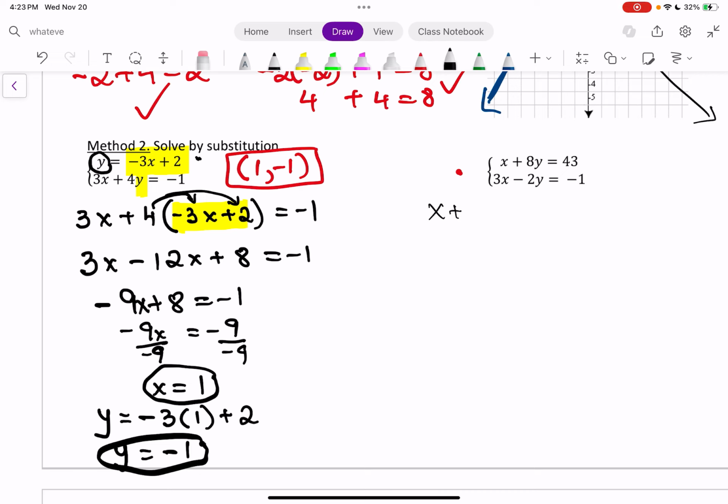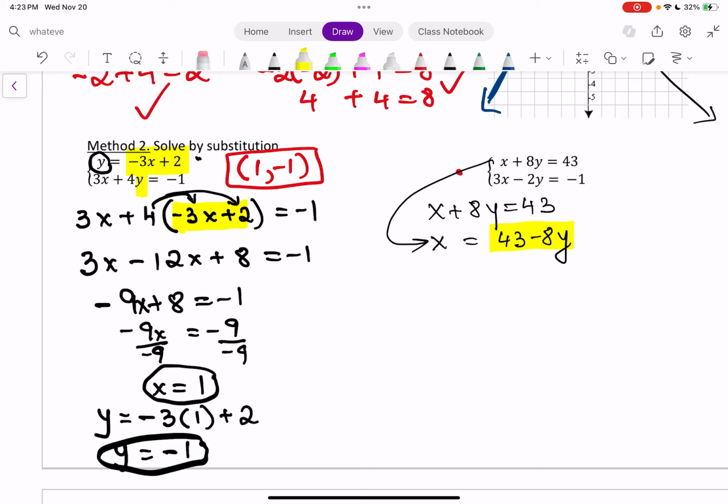So I'm going to take that top equation, and the easiest variable to solve for would be x. All you have to do is subtract the 8y over. So this is how I've changed the first equation. I solved it for x.